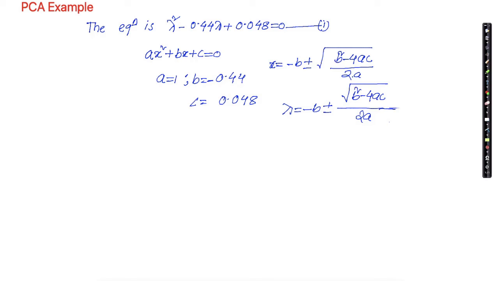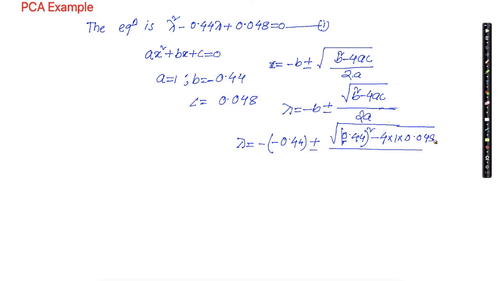Substituting the values of a, b and c, lambda is given as 0.44 plus or minus square root of minus 0.44 whole square minus 4 into 1 into 0.048, divided by 2 into 1, which equals 0.44 plus or minus 0.02.